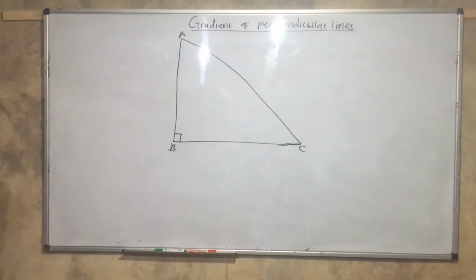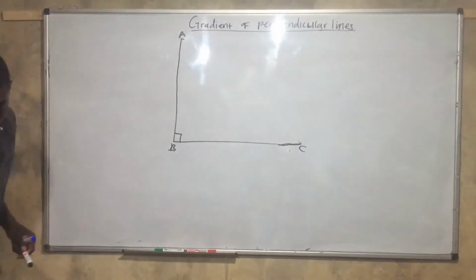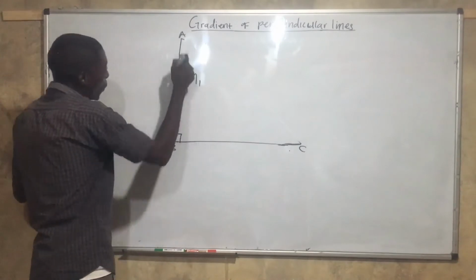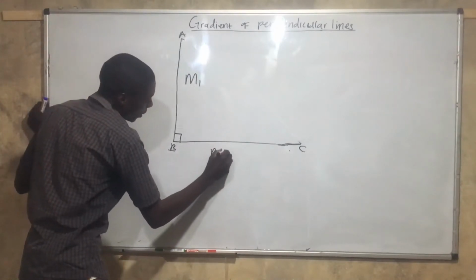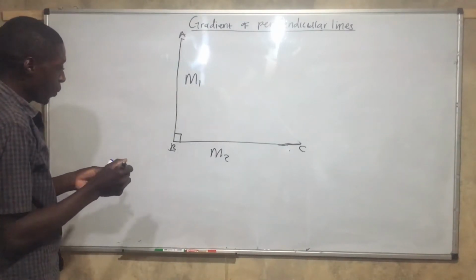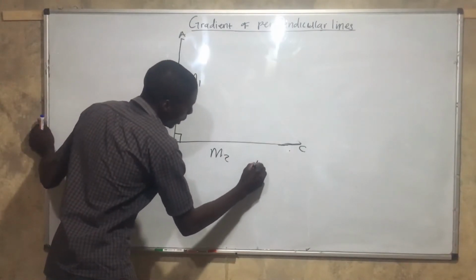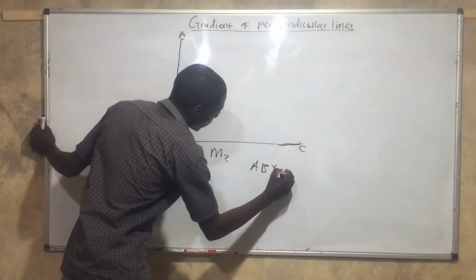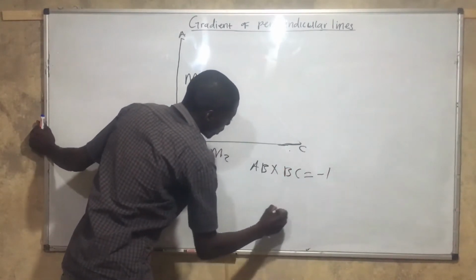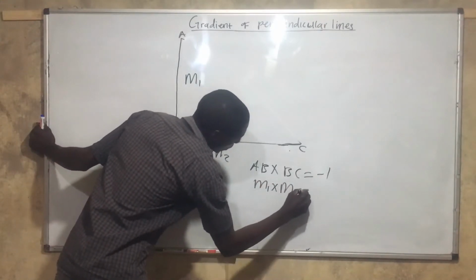So what is the relationship? The relationship between a perpendicular line and the gradient is that if we have a gradient M1 for line AB, and the gradient M2 for line BC, when you multiply the gradient of AB by the gradient of BC, the answer should give you -1, which implies that M1 multiplied by M2 is equal to -1.